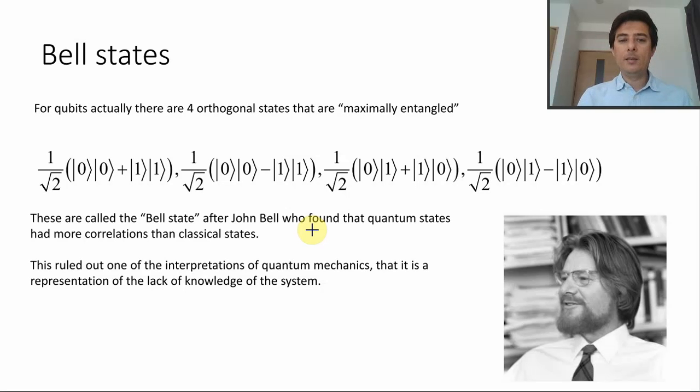It's quite related to the topic we were talking about today. But I won't go into it in this lecture, maybe in a future lecture. He used these states to show that quantum mechanics has different properties to probability theory. So you really can't explain quantum mechanics using just a probability framework.